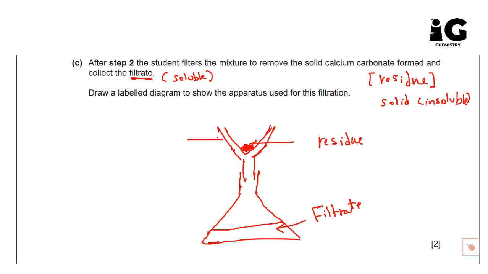Here, this is the funnel, and you also have to label the filter paper. Okay, this is the filter paper. So now your diagram is full.